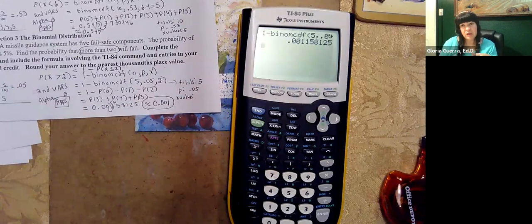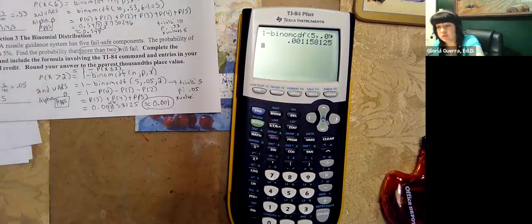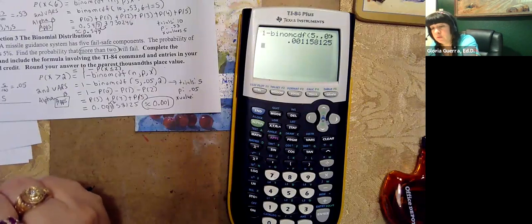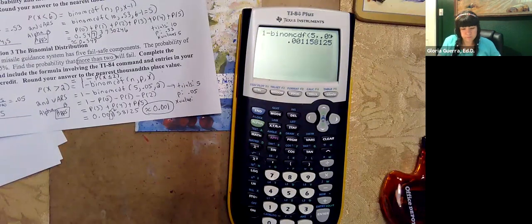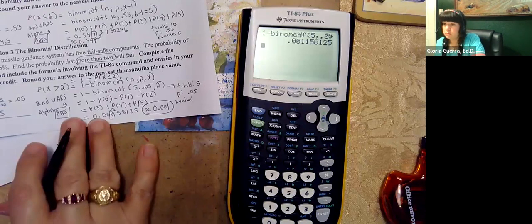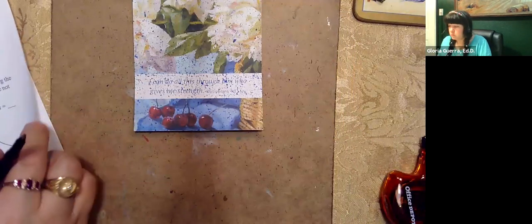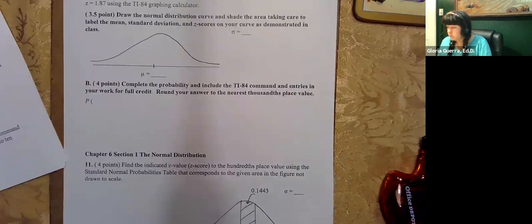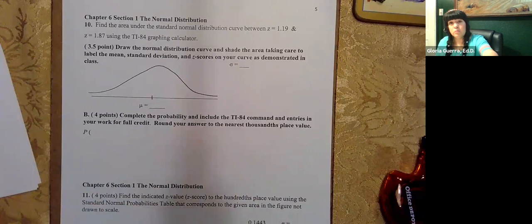In chapter 6, areas underneath the curve, we use 4 decimal places, okay? Okay, I hope everybody got that. Everybody get that?